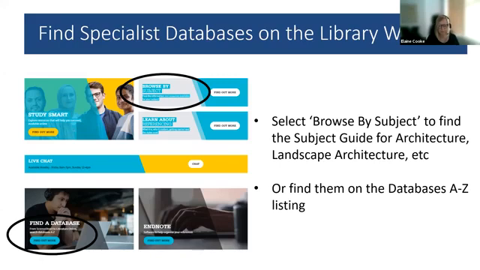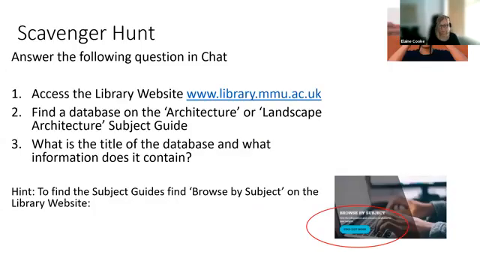The way you can access these is, from the main homepage of the website, select Browse by Subject, and then you can select a subject guide, whether that's architecture or landscape architecture, or if you're looking at more sociology or history, there's a guide listing different databases across all of our subject areas. If there is a database you know the name of, you can use the find a database list. There's an A to Z list on the website for you as well.